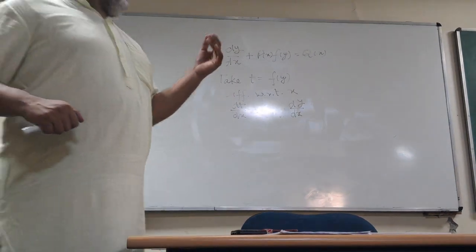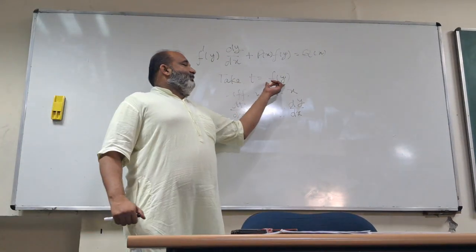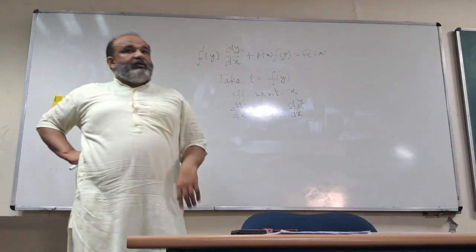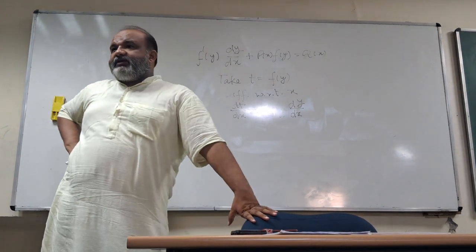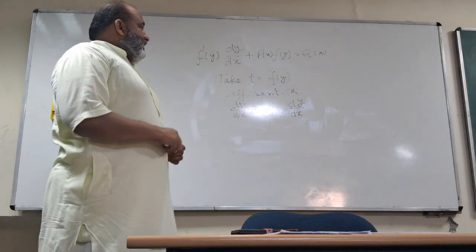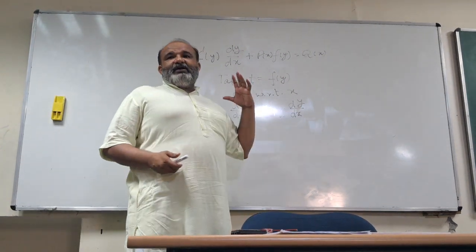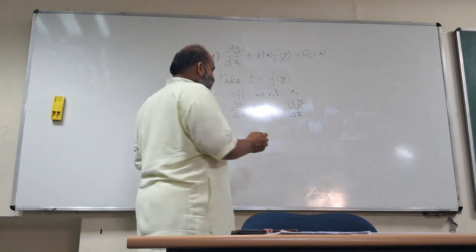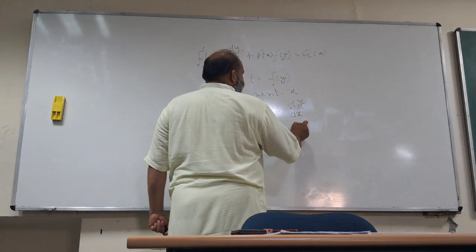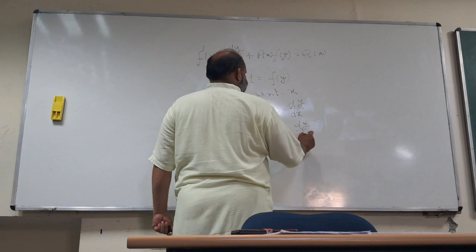Yes, sir. और ये डेरिवेटिव किया मैंने, यहाँ पर चेन रूल लगेगा आपका. f y का डेरिवेटिव हो जाएगा y के रेस्पेक्ट में f dash y, right? And then for y it will be dy upon dx. चेन रूल यही है ना तुम्हारा, df upon dy into dy upon dx.